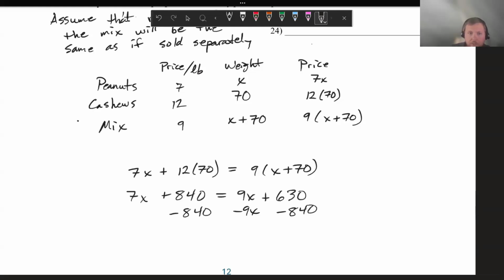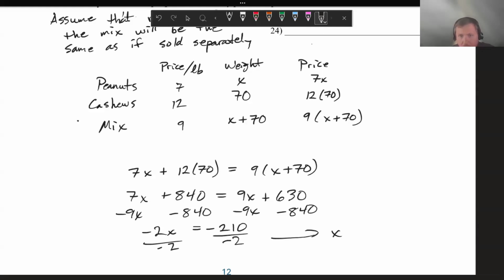Subtract the 9x from both sides. Okay, so I get negative 2x is equal to negative 210. Divide both sides by negative 2. So I have x is 105.